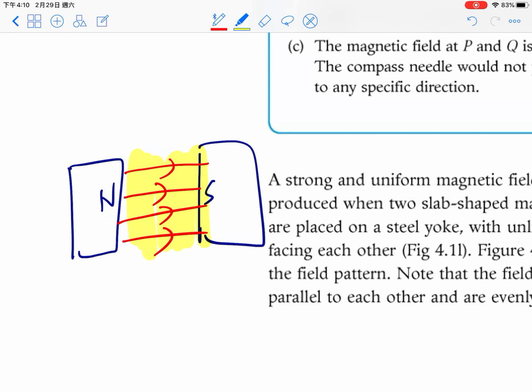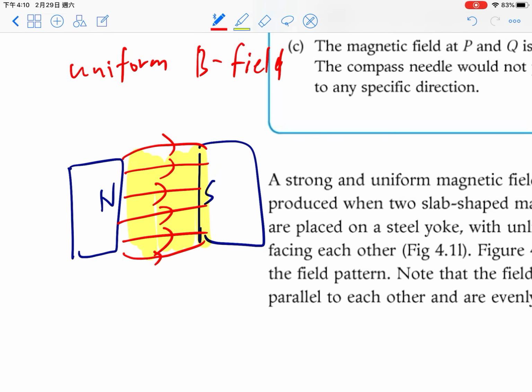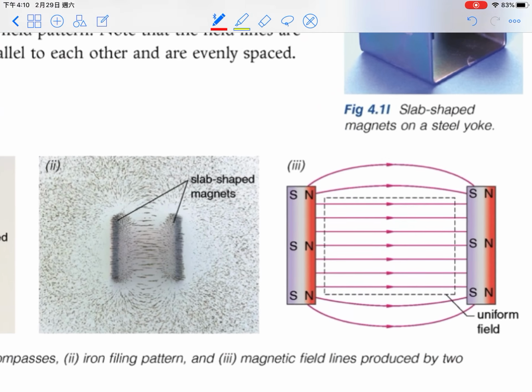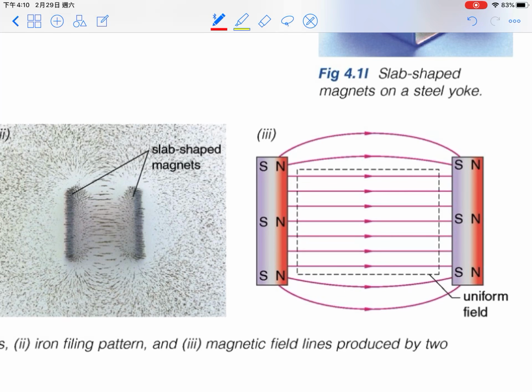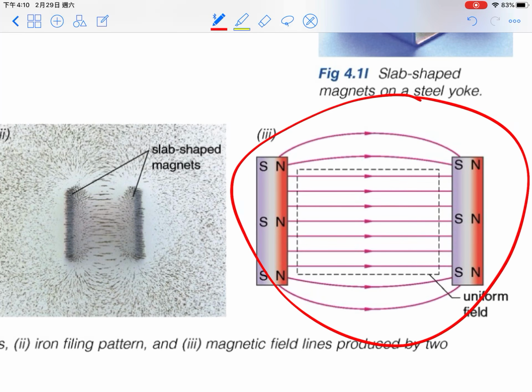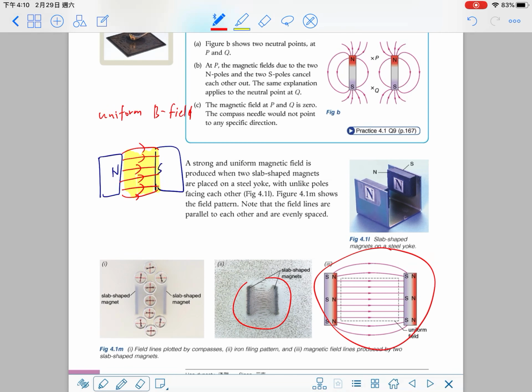That means a uniform B field. And there are some edge effects. So this is the magnetic field between two slab shaped magnets. So you agree with the experimental result, you see.